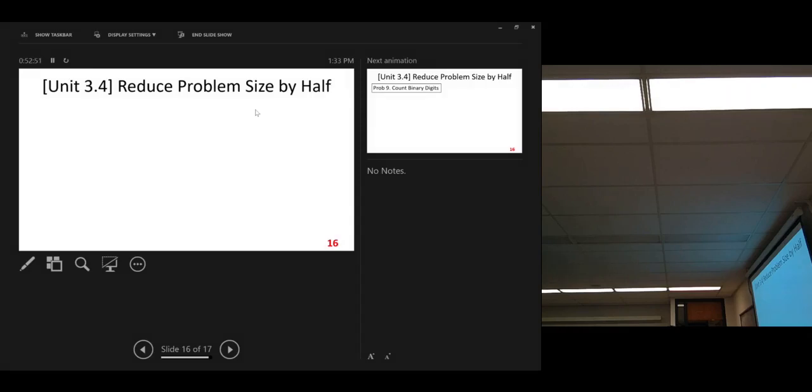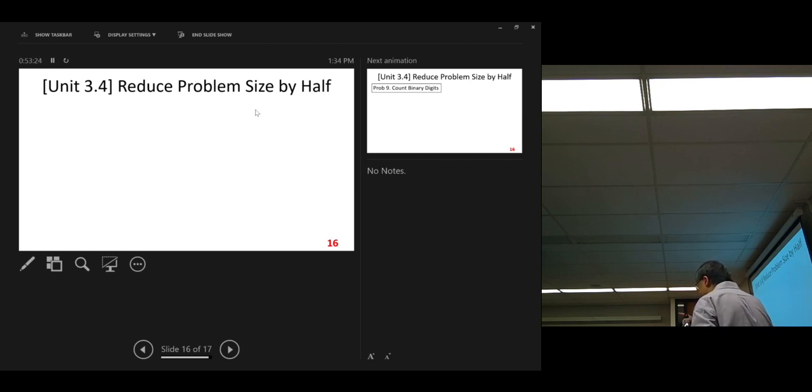Another situation: reduce the problem size by half. Cut in half. Many problems fall into this case, so let's look at this special case.